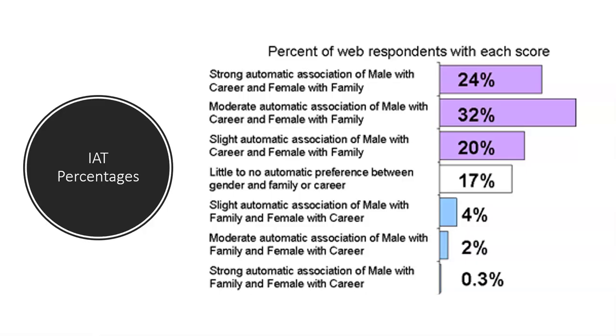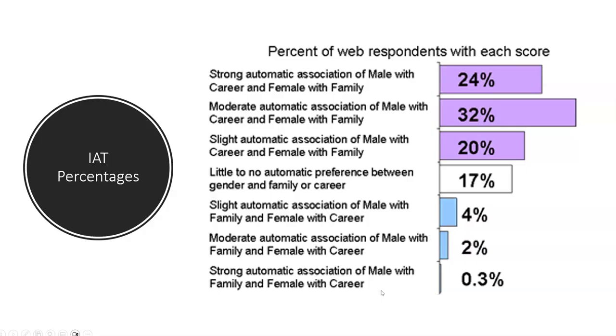I found this graphic. It's based on research that's associated with the IAT test, looking specifically at one particular automatic association. So here they would be asking questions about careers and family. And one of the things that has been found is that you're looking at the percent of respondents who participated in the IAT research online, who got each score, and you can kind of think of this as a scale from 1 to 7, 1 being flipping the script.